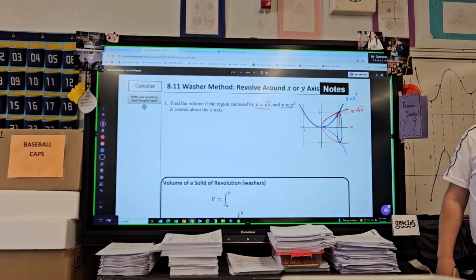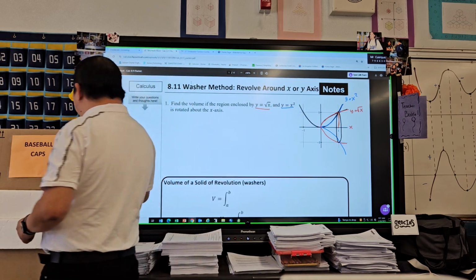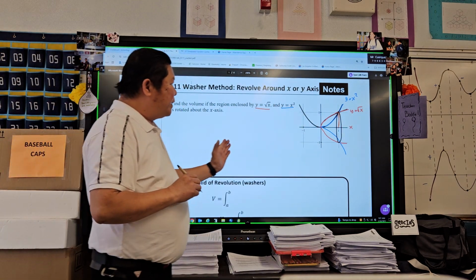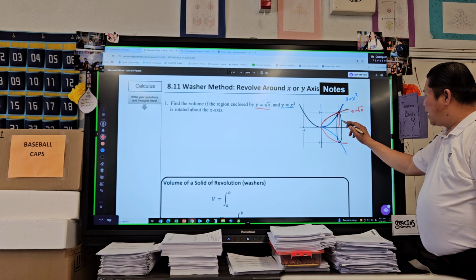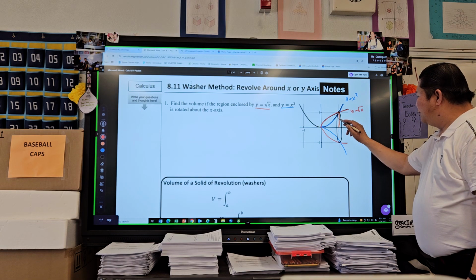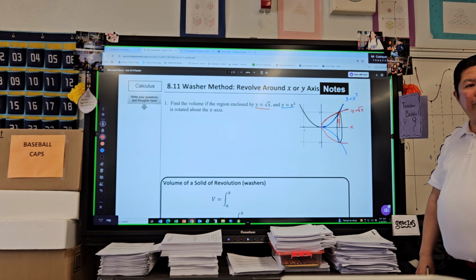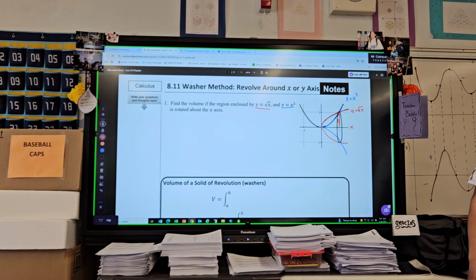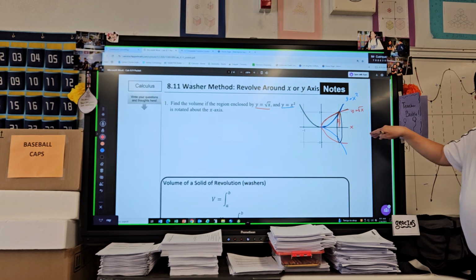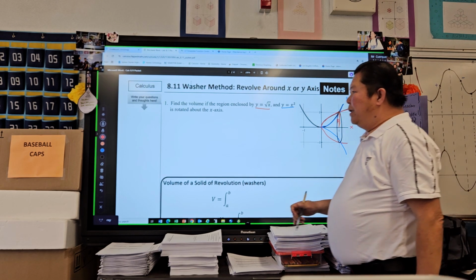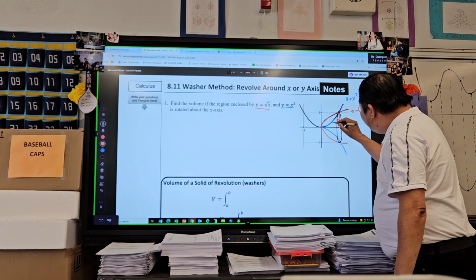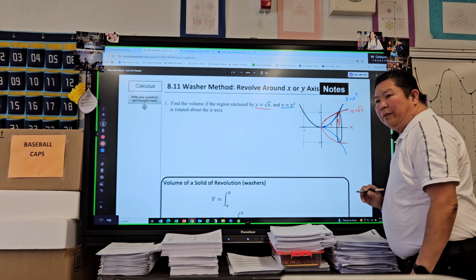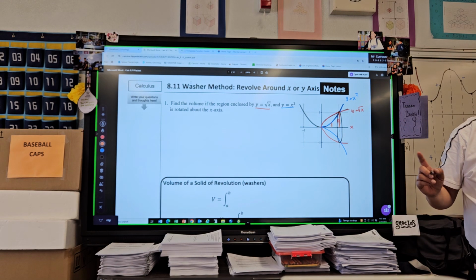You get me? So since the red graph is outside, or the upper curve, we denote this as our capital letter R. Okay? What about the blue color? From the horizontal line, the blue color is this one, and we denote this as our small letter r.